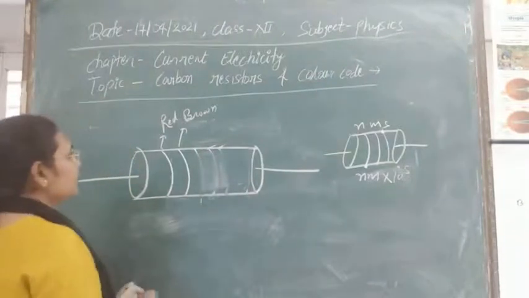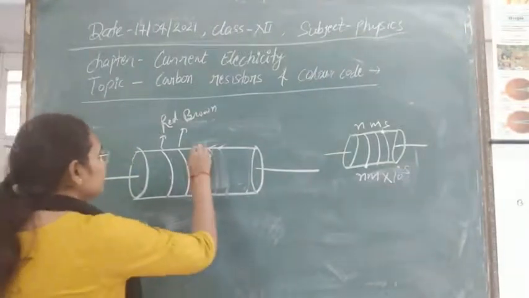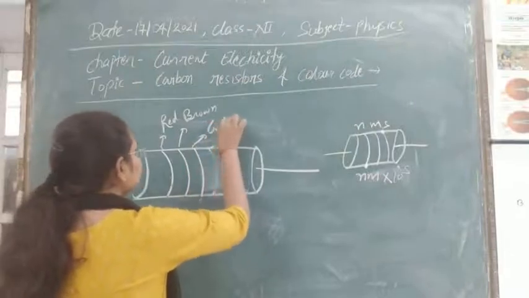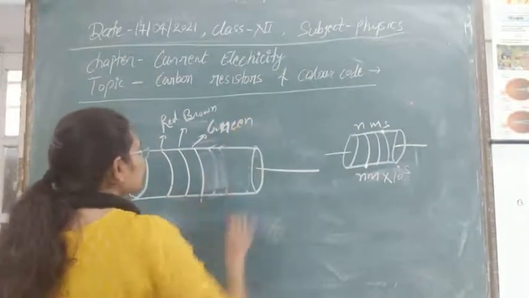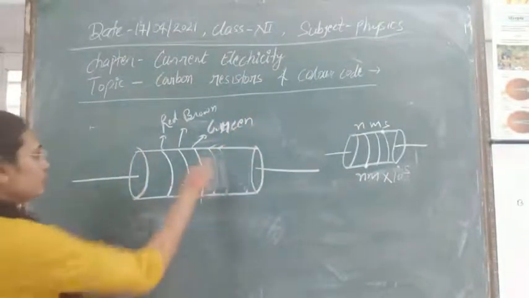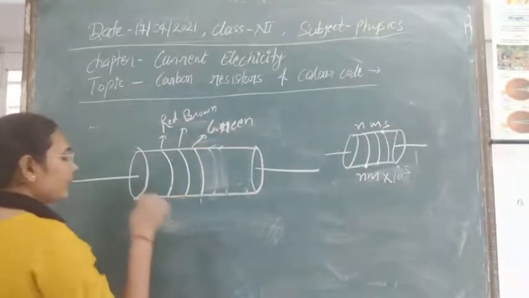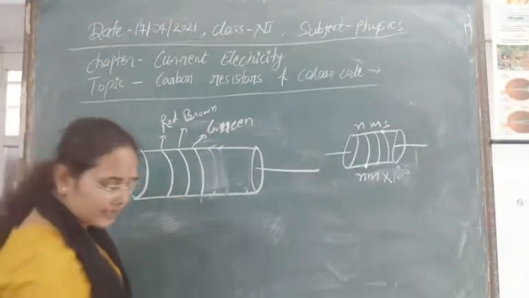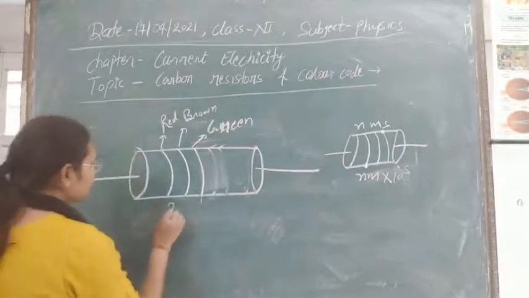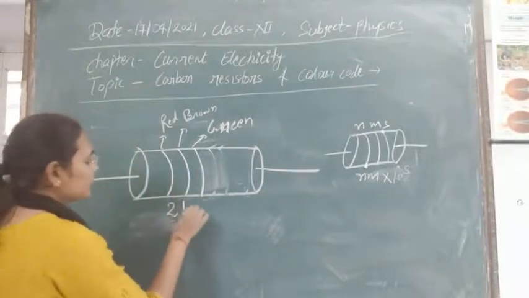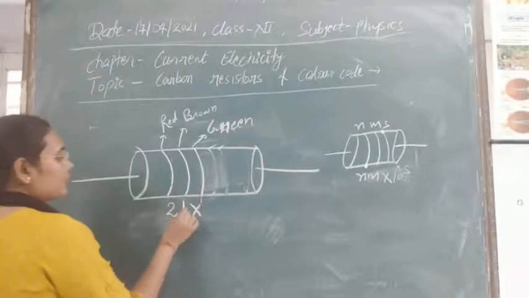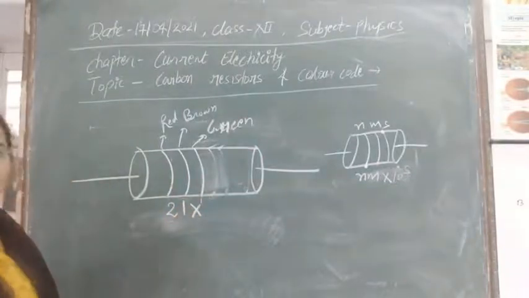Next case, if we have 3 bands, suppose we have a green band here. For the first 2, we will write the significant figures, meaning the numbers that we use. So for red this is 2, for brown this is 1. Now you directly have to write, you don't have to multiply here.